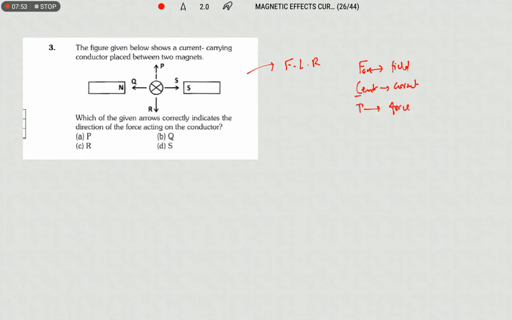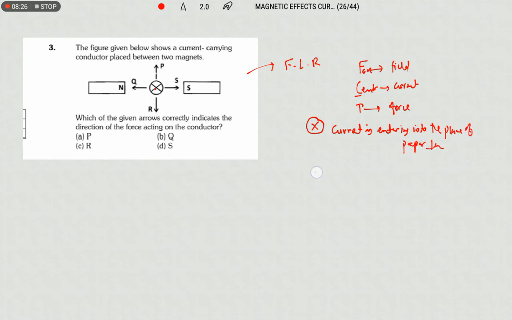Let us understand what is the significance of this arrow. So this is the current carrying conductor. If the current carrying conductor is represented with a cross symbol, it indicates that the current is entering into the plane of the paper perpendicularly.